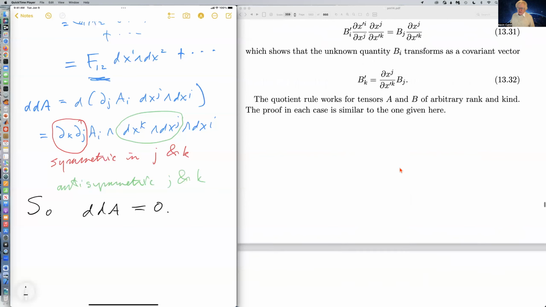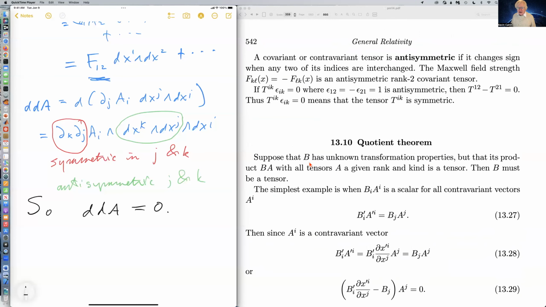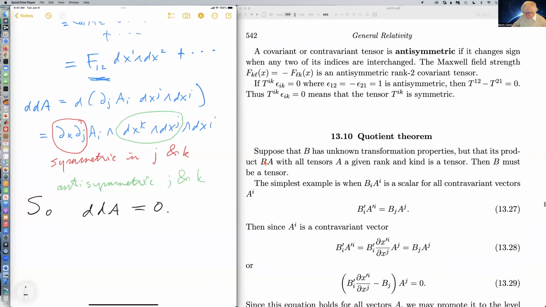And the quotient rule, though, is much more general. It's that if you have anything that could be a tensor, but you don't know if it's a tensor, it just has a couple of indices, and if you multiply it by any tensor with the appropriate conjugate indices and get a scalar, or another tensor of a certain kind.